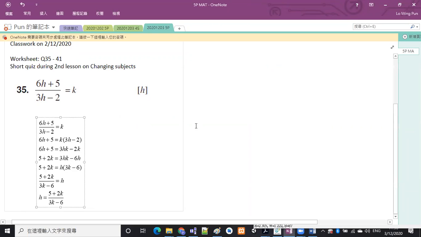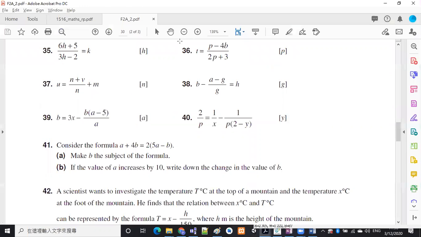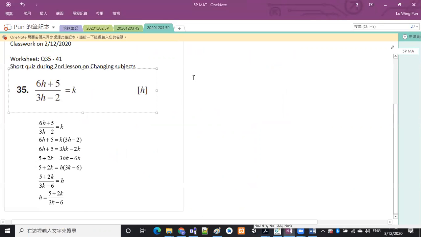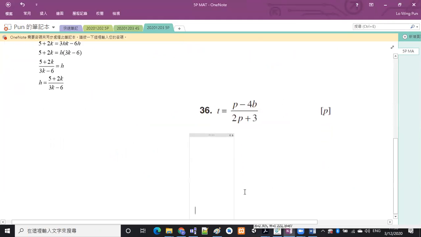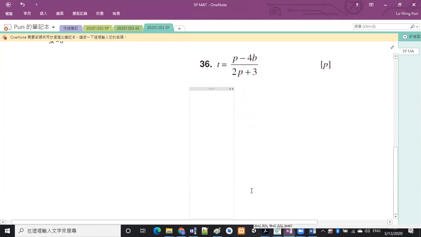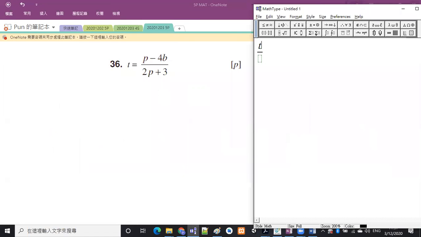Okay, 35. Then 36. I want to change the subject to P this time. So T is equal to P minus 4B.